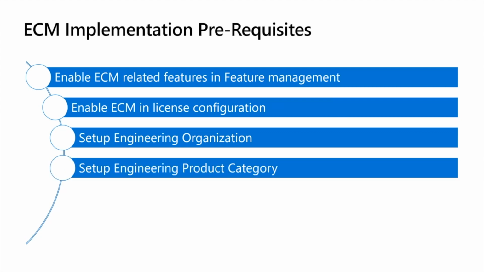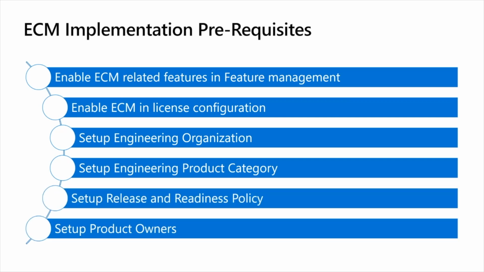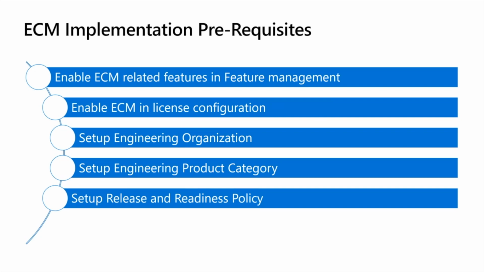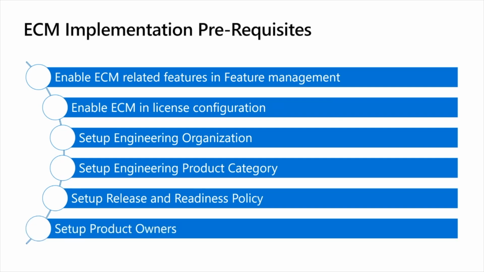Then carefully consider different options of setting up the engineering product category, where you will set up your product type, product subtype, production type, if you want to track versions in the transactions or not, and things like that. Then you will also set up your release policy and readiness policy and associate it with the engineering product category. And finally, you want to set up the product owners who are responsible for specific categories of products.